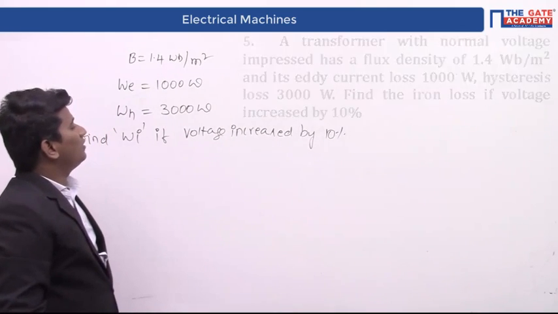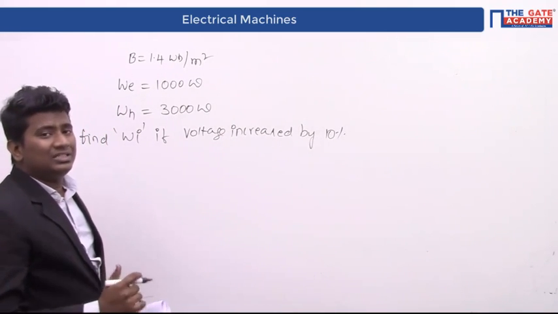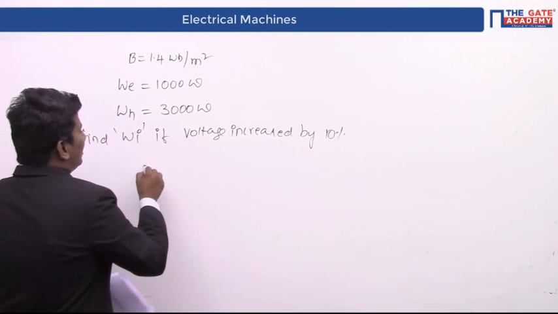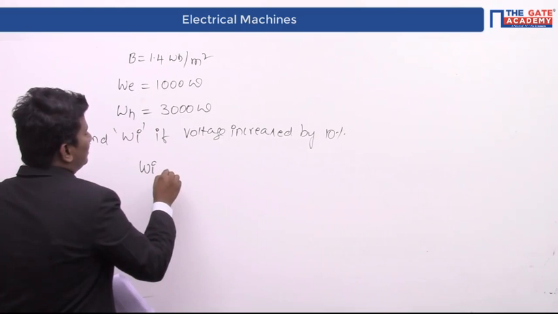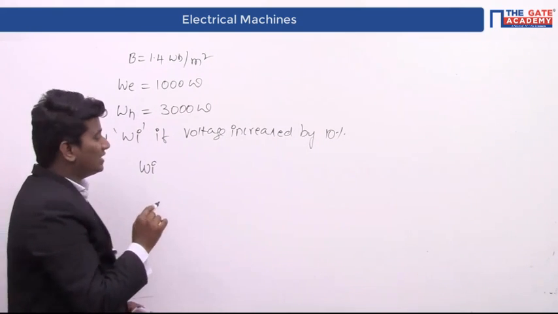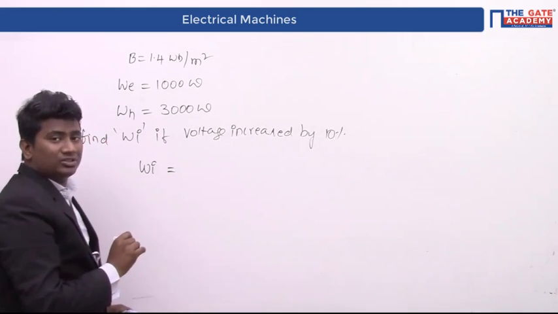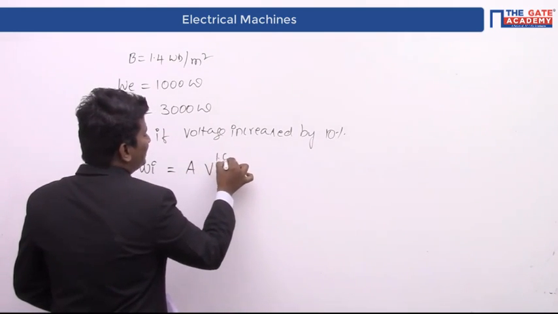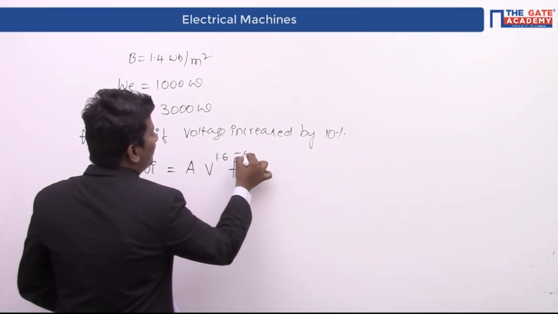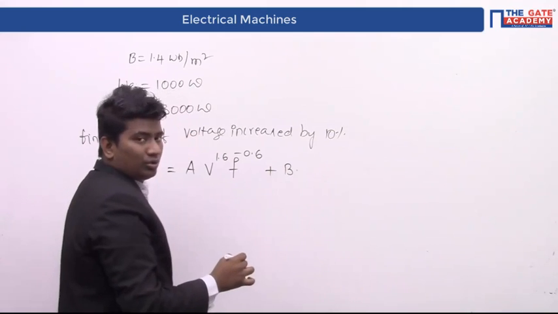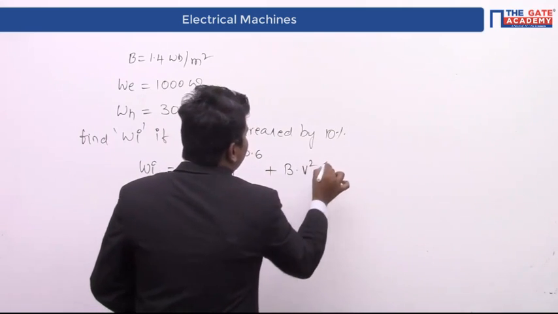First of all, we should know the relationship between the iron losses and the voltage. The total iron loss is A into V to the power 1.6 F to the power of minus 0.6, plus B into V square.